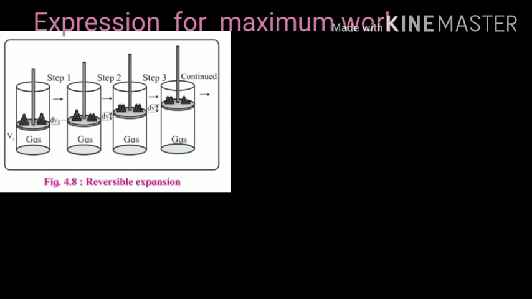So every time the external pressure is reduced by a small amount, there is expansion of gas and the volume increases by a very small amount dV in each step. Initial volume is represented by V1, and once the system is in equilibrium with the surrounding, the volume reached will be V2, which is the final step.